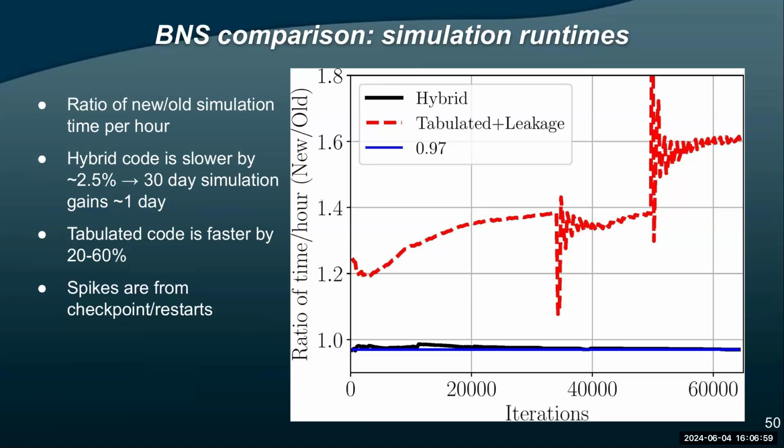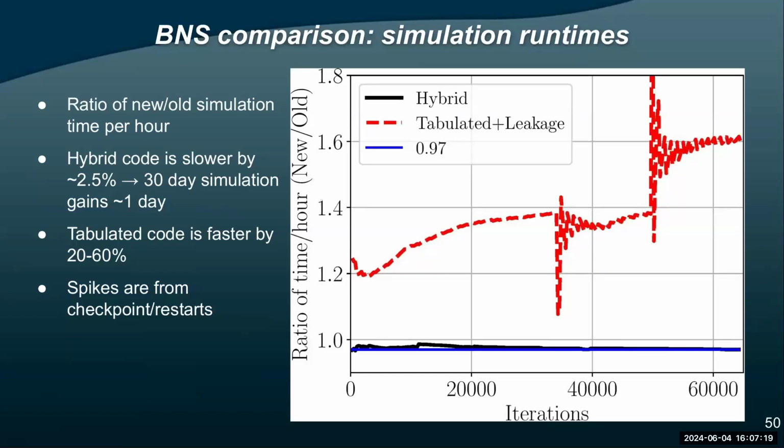It's slower by about 2.5%, which means that if you're doing a 30-day simulation, that's going to cost you about a day. Considering how much easier it is to change and manipulate the code, I think this is definitely a reasonable trade-off.